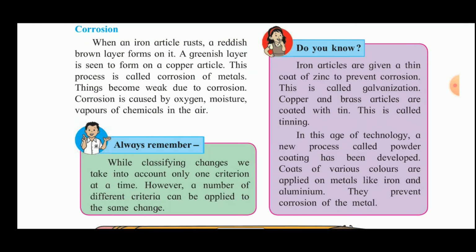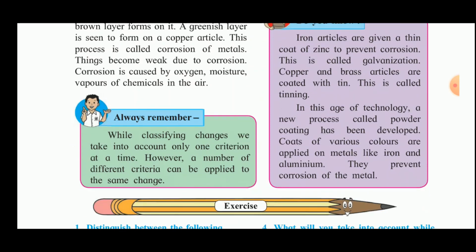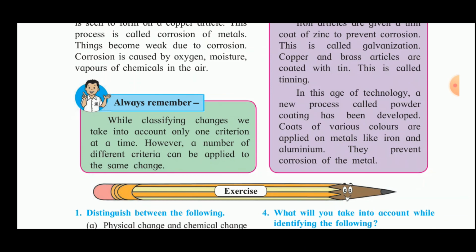You have to remember that while classifying changes, we take into account only one criterion at a time. However, different criteria can be applied to the same change. So far, the changes we have seen can be natural or man-made. This is the first criterion. The second criterion is that they can be useful or harmful. The third criterion is that they can be reversible or irreversible.